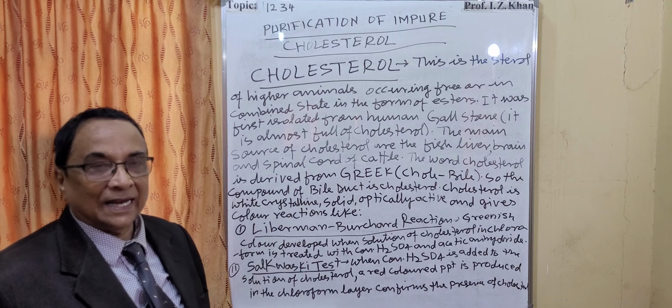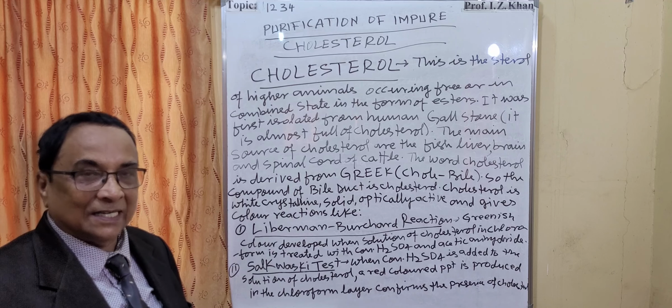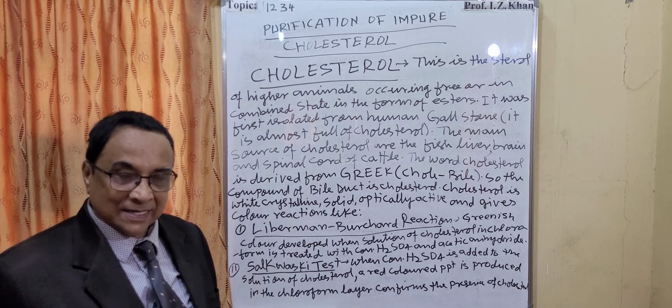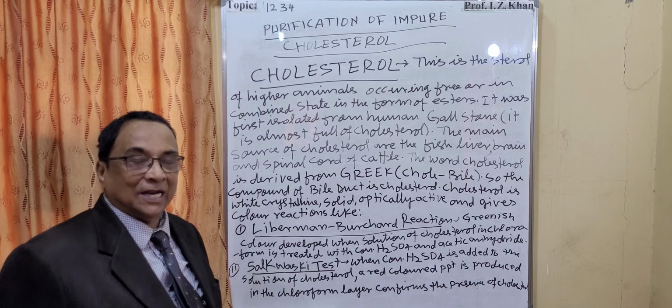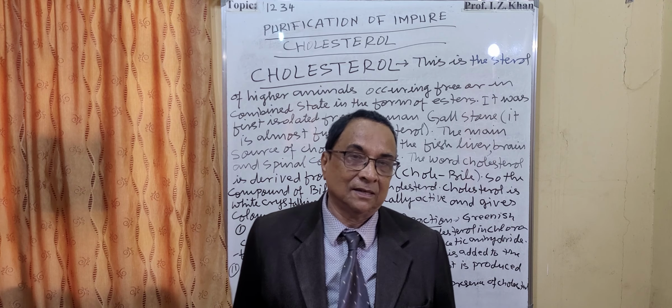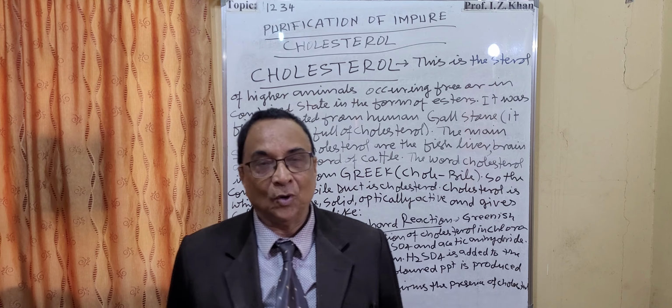Immediately it turns green, which confirms that it contains cholesterol. The second is the Salkowski test. When concentrated sulfuric acid is added to the solution of cholesterol, a red precipitate forms, which confirms that the substance is cholesterol.